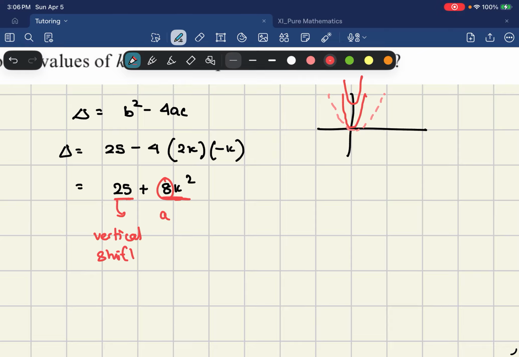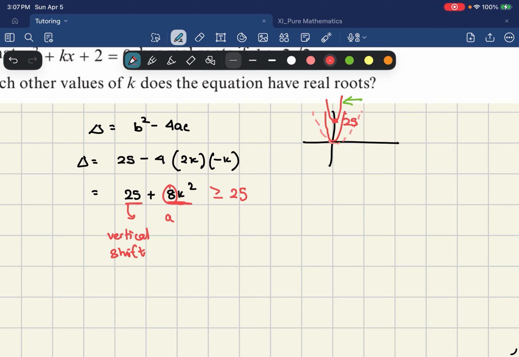This is the k value that we were looking at when we were discussing transformation. So our graph looks like this. And if you think about it, the output is always bigger than or equal to 25. Our bottom point is at 25. Our minimum value is 25. So this value is always bigger than or equal to 25 if you think about it from a translation perspective. So it's definitely, for all values of k, whatever k you put in, and you can check. If you put k as 0, you get 25, and any other value of k, you're going to get an answer that is bigger than 25.